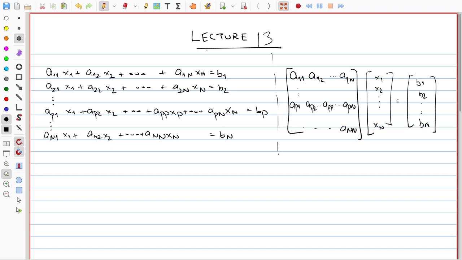Right. So, this is our linear system where a11 all the way to ann are the coefficients and x1 to xn are the unknowns written as the x vector, and b1 to bn are the b vector or the right hand side vector.